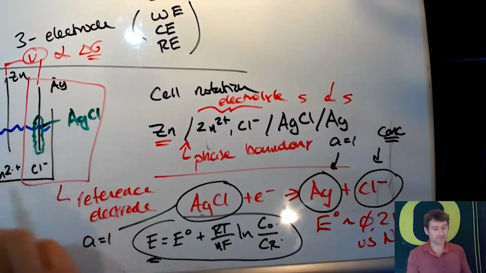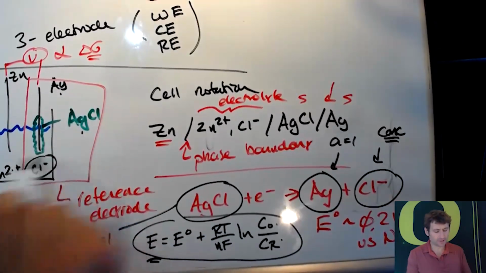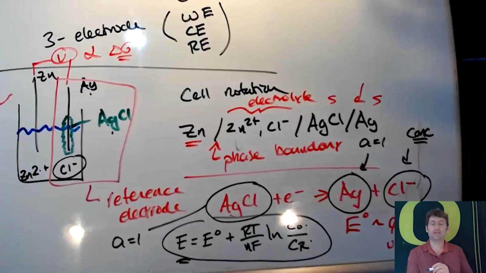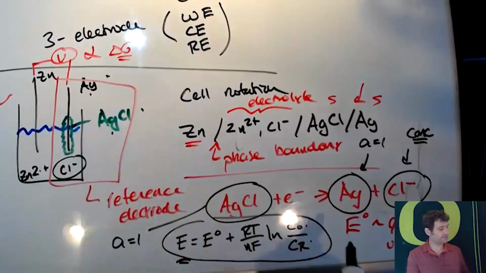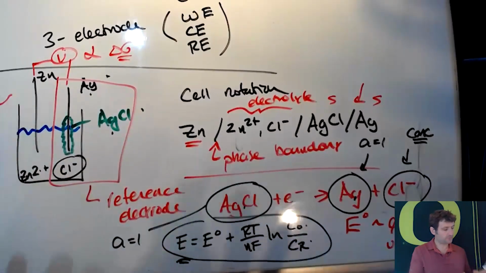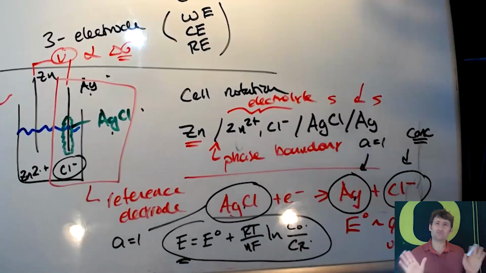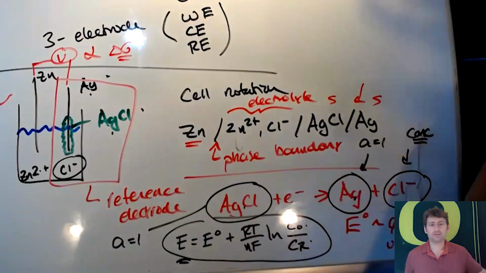So you can pass a little bit of current through this cell, and you might convert some silver to silver chloride or vice versa, but you're not going to change the chloride concentration much in the cell, and you're not going to change the activities of the solid phases. So that's why this is used as a reference electrode, because its potential is relatively invariant with what you do to the cell.